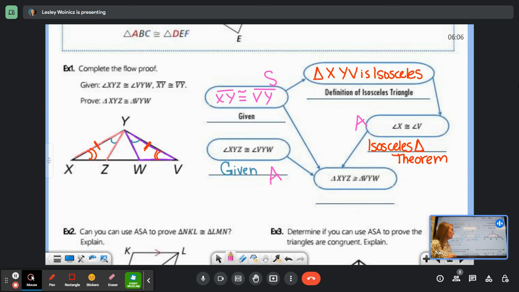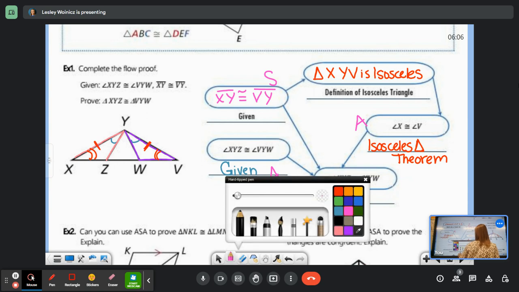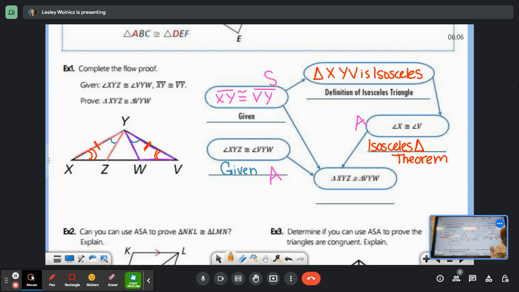So let's see if they are the included sides that I've got. So sure enough, my congruent sides right here are included between my congruent angles. It goes angle, side, angle. So I know that these triangles are congruent by the angle, side, angle congruence postulate. Ta-da!